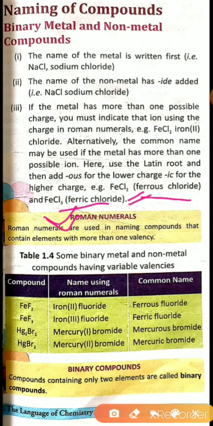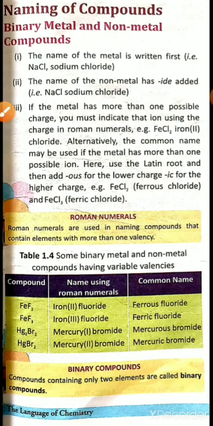So, you will see the number of atoms: where it is higher, you will put the suffix IC, and where the number of atoms is lower, then you will put the suffix OUS. Roman numerals are used in naming compounds that contain elements with more than one valence.